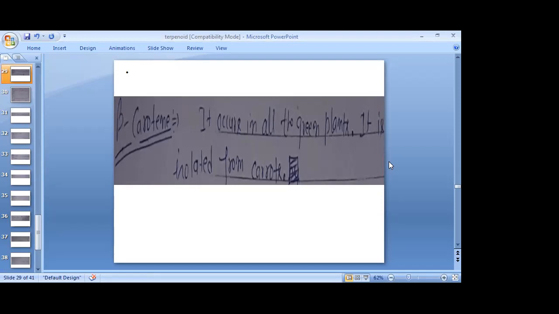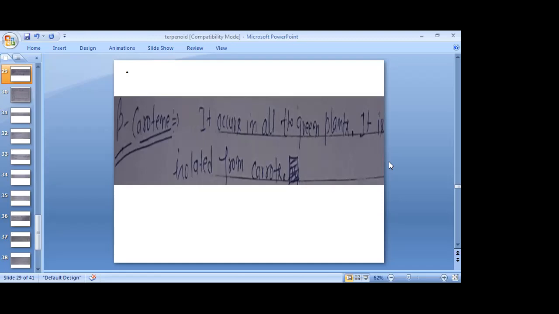Beta carotene is also a very important terpenoid. It occurs in all the green plants, right? It is isolated from carrot. So this is one of the important terpenoids existing in green plants.